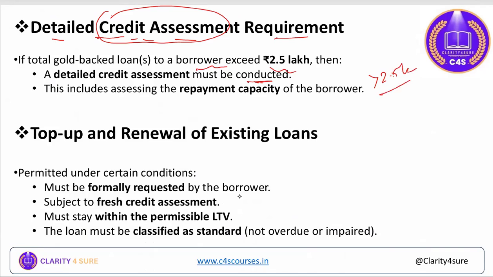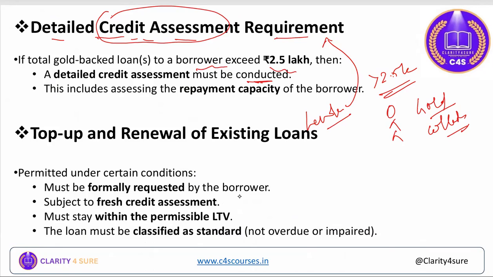If the borrower is willing to take a loan, putting gold as collateral, then the lender must do this credit assessment in detailed form, in order to reduce the risk associated with that particular loan, measuring the repayment capacity of the borrower.